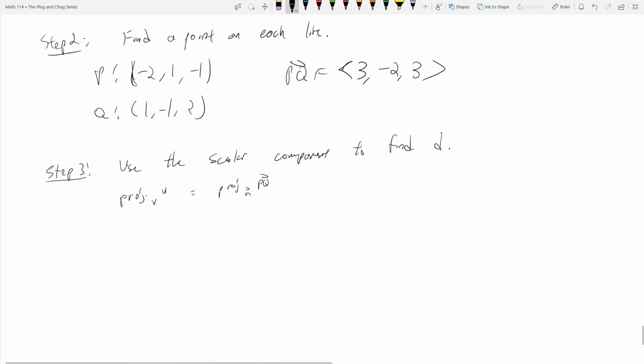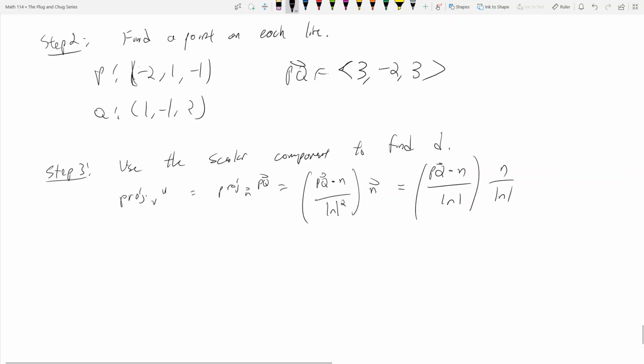That's equal to PQ dot n over the magnitude of n squared times the vector n, which was also equal to PQ dot n over the magnitude of n times the unit vector n over the magnitude of n.